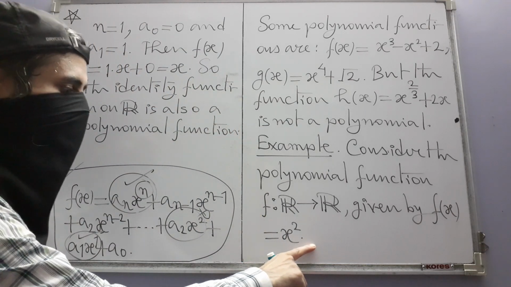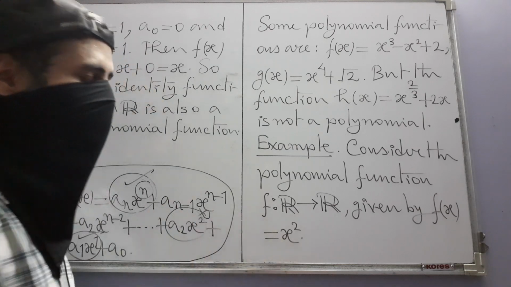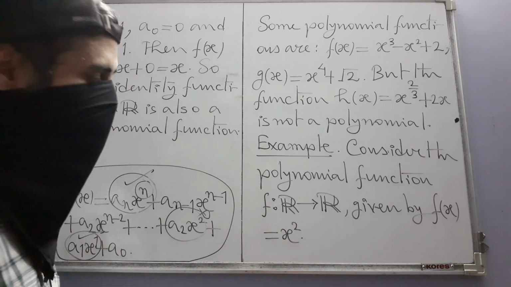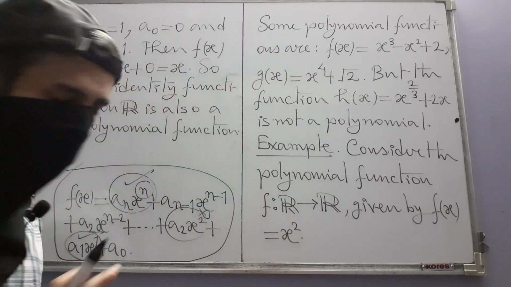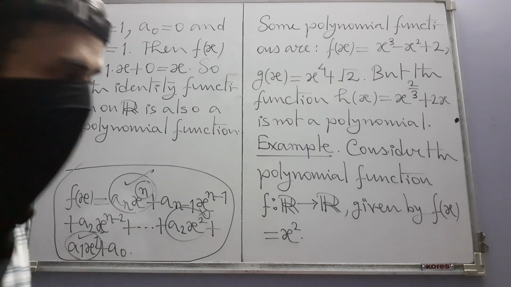So here a0 and a1 are both 0 and a2 is 1 and n is also 2. So what we have to do here is complete the table below by using this function.